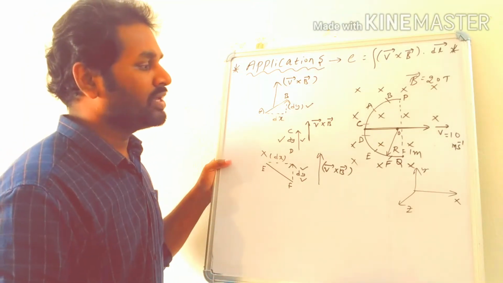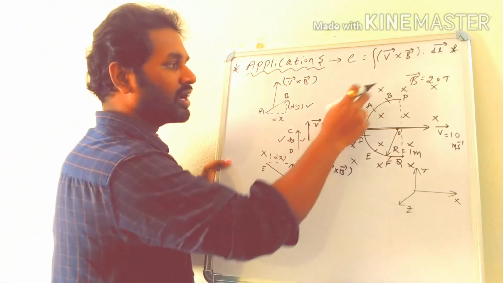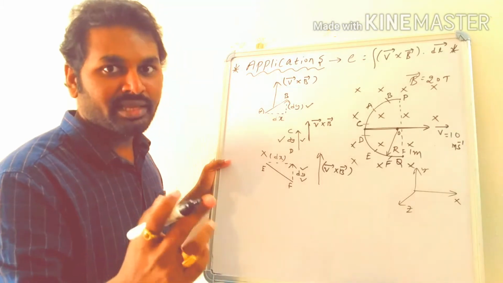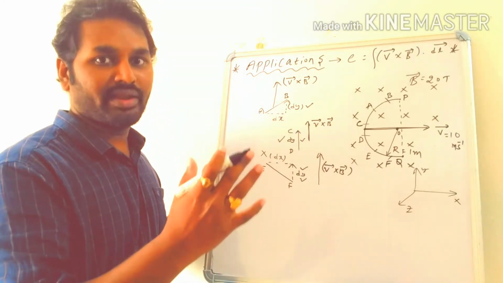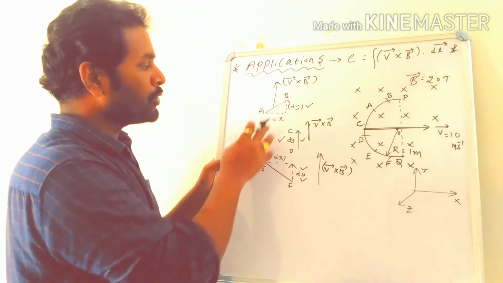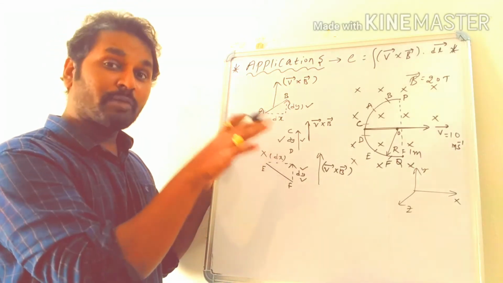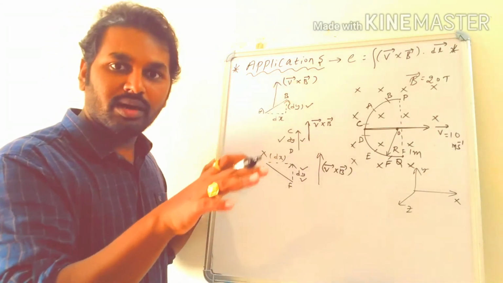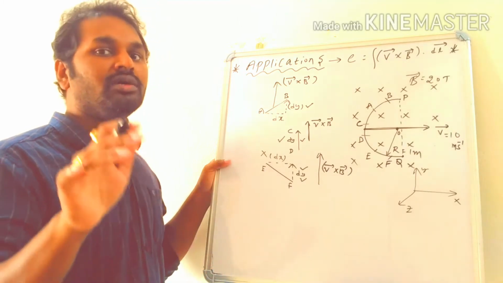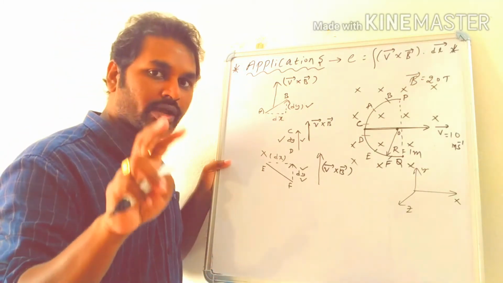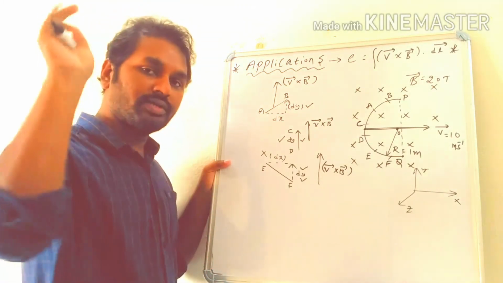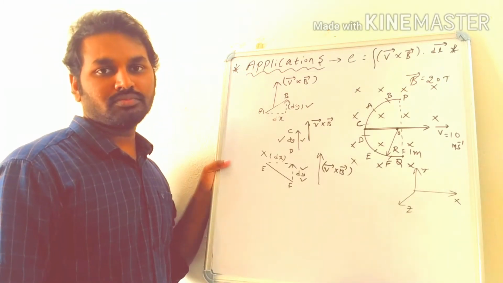Actually, the current is moving along the actual length of the conductor, but we are not taking the effective length in that direction, because for the component of length which is perpendicular to V bar cross B bar, you get the answer 0, because the dot product of two perpendicular vectors is always 0.